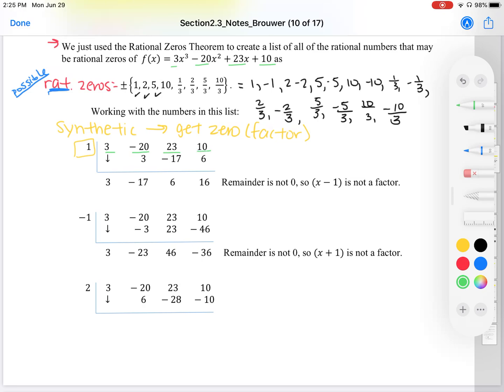You bring down your first number, and then you multiply and add, multiply and add, and at the end we got 16. That's our remainder. The remainder is not 0, so x minus 1 is not a factor. Remember, this is the number you have once you get x as your answer. So if you want it in parentheses, it's always a change of sign. That's where that x minus 1 comes from.